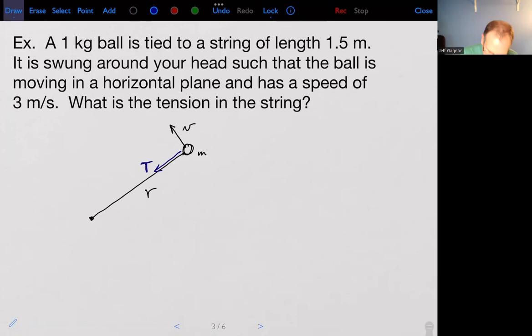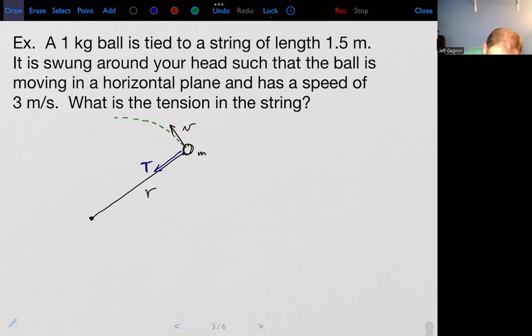Okay, we know that this ball is going to be moving in a circle, something like this. So because it's moving in a circle, it's going to have a centripetal acceleration, an acceleration towards the center. Now, due to Newton's second law, if there's an acceleration, there must be a net force.